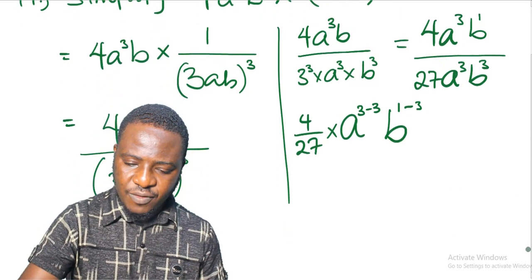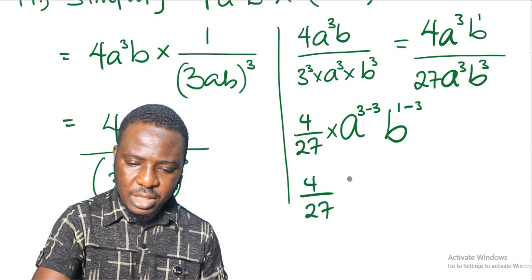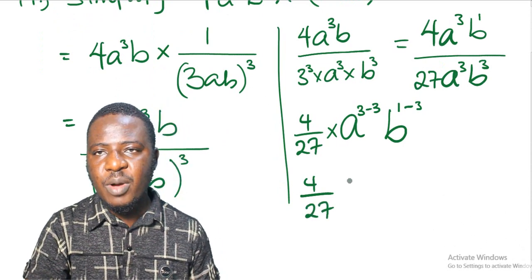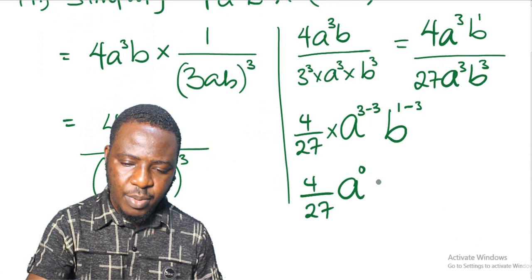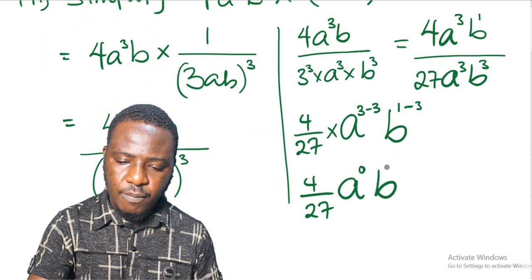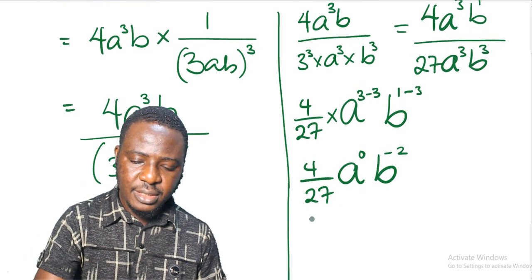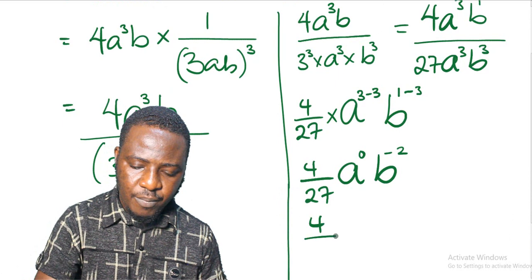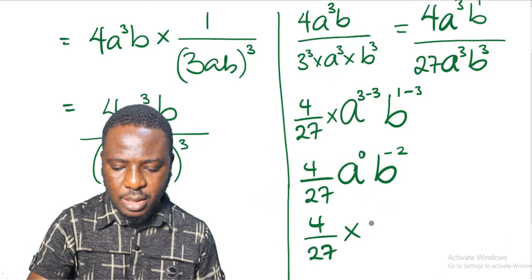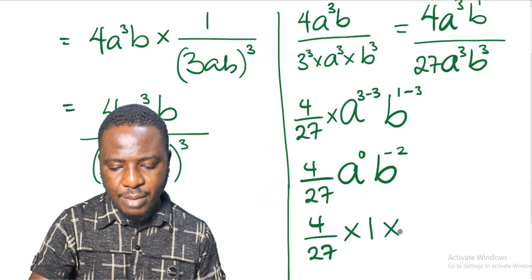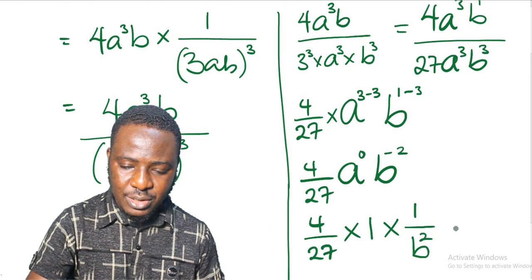So this can be simplified further to be 4 divided by 27 times a raised to the power of 3 minus 3. 3 minus 3 is 0, so a raised to the power of 0, b raised to the power of minus 2. This can be further simplified to be 4 divided by 27 times a raised to the power of 0, which is 1, times b raised to the power of minus 2, which can be said to be 1 over b squared.